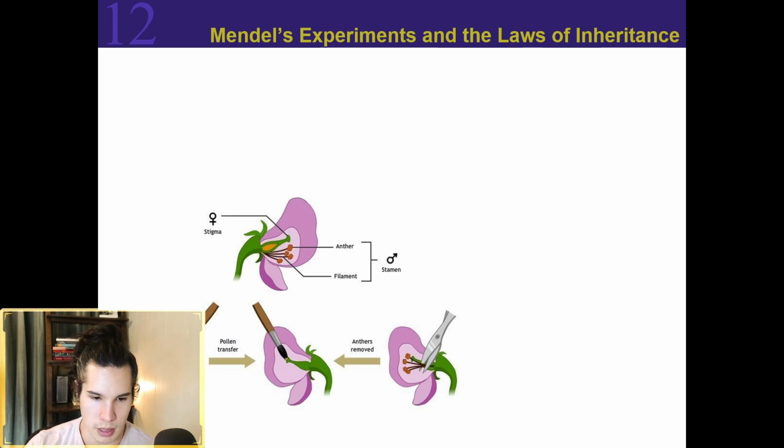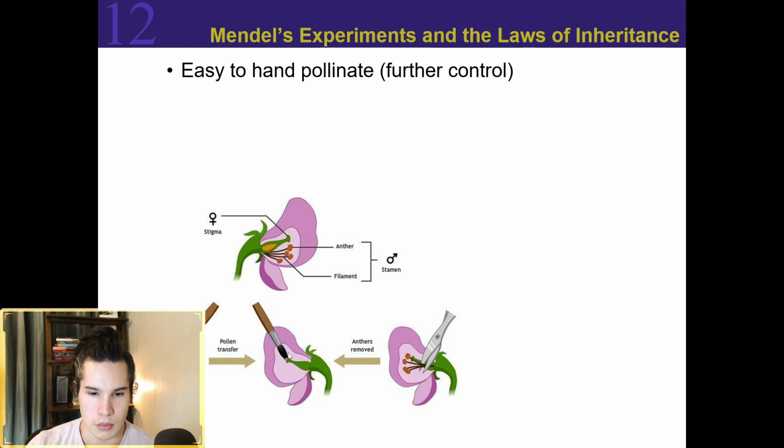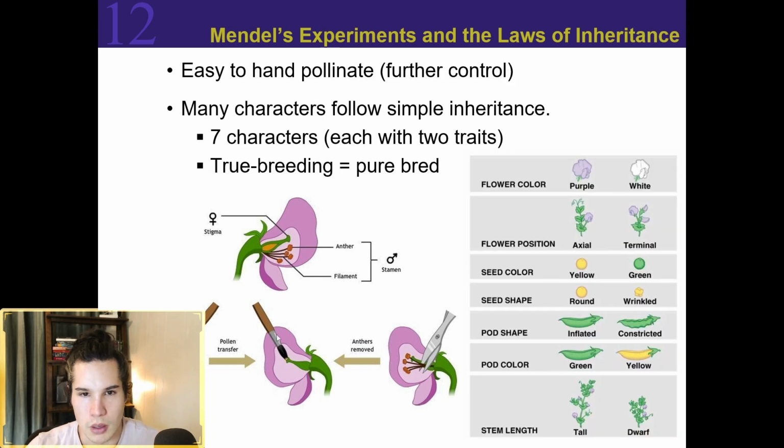So you rub some of that pollen on the stigma, and the reason why you cut off the anthers from the first one is so that it doesn't self-pollinate. So he's pretty much forcing the cross between two plants. Another main reason why he picked them is because they're easy to hand pollinate, so it gives him a lot of control over what gets to mate with what.